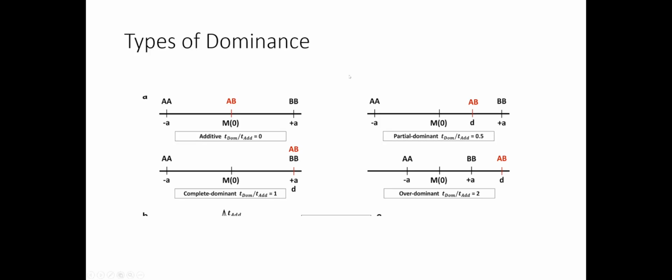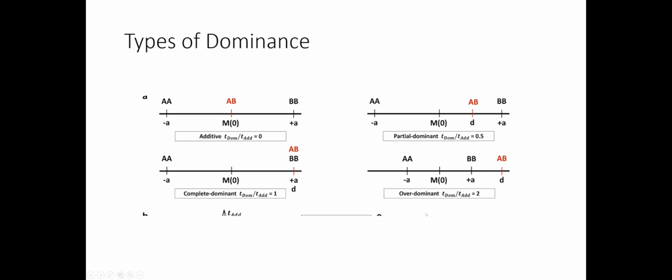There's partial dominance, where the heterozygote is still within the range of the two homozygotes. Or there's complete dominance, which is the Mendelian idea of dominance, where the heterozygote is exactly equal to one of the two homozygotes. And then there's overdominance, where the heterozygote is outside of the range of the two. And this is obviously the most extreme type.